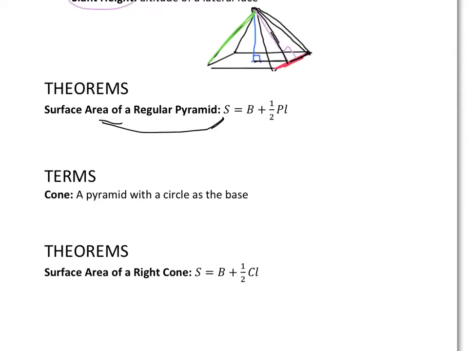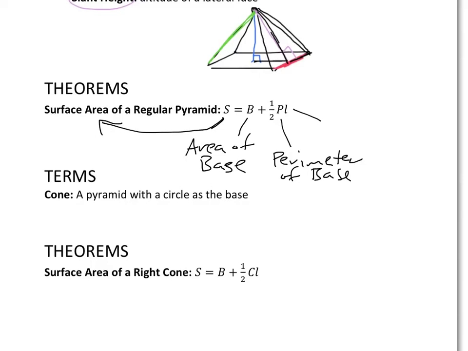Surface area equals the area of the base, because it's just one base this time, so it's just the area of the base times one, plus one half the perimeter of the base times script L, the slant height. Okay, so that gives us the surface area of a regular pyramid.